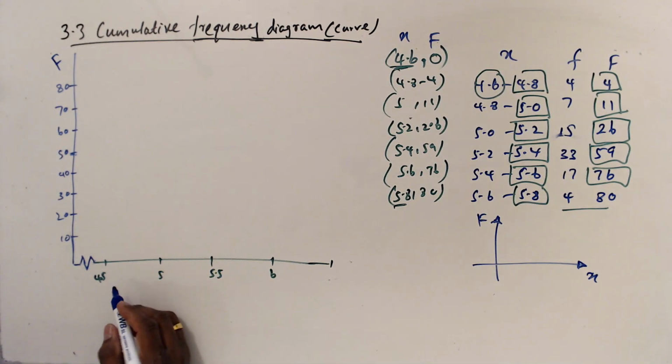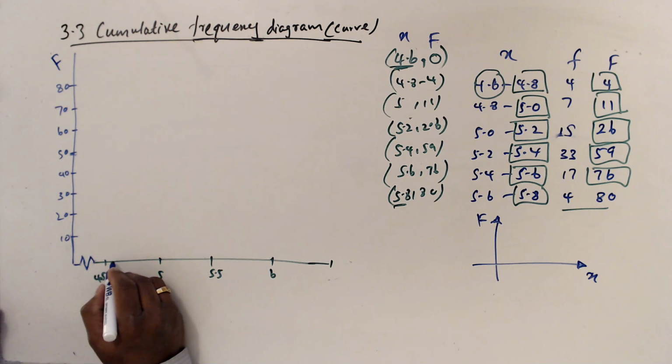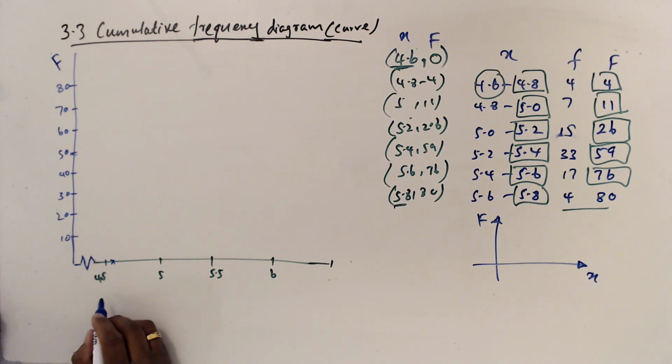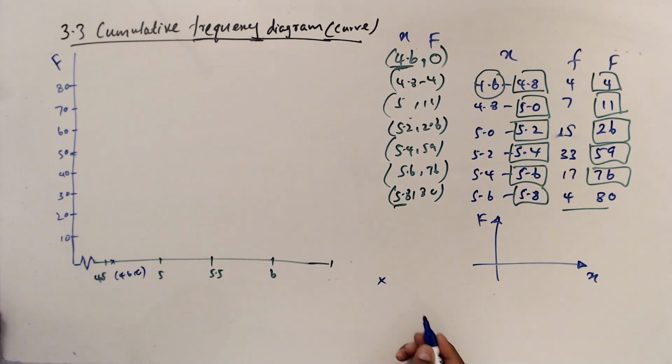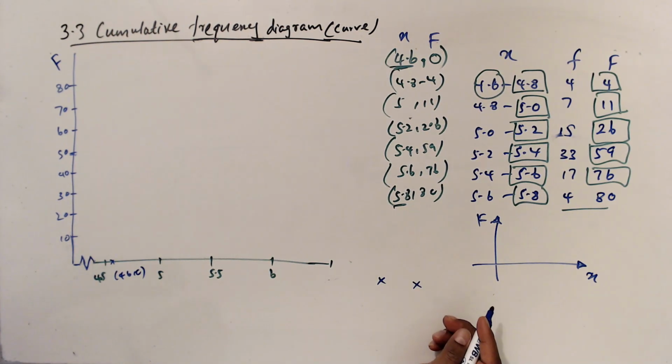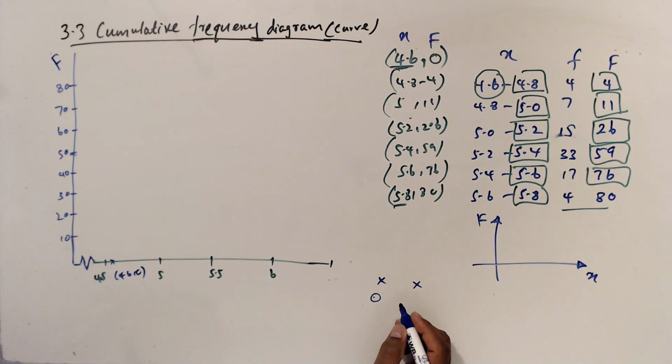Now I want to start from the first one, 4.6. Usually we put a cross, because the point is a place where two lines cross. In some places we put a dot or a circle, but it depends on the situation and the textbook.